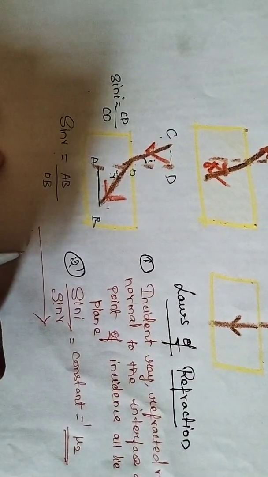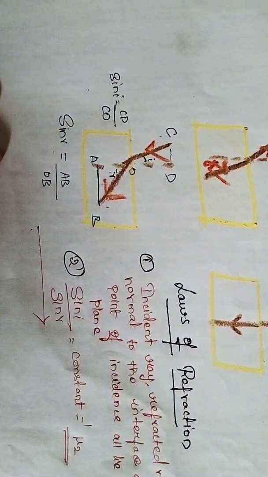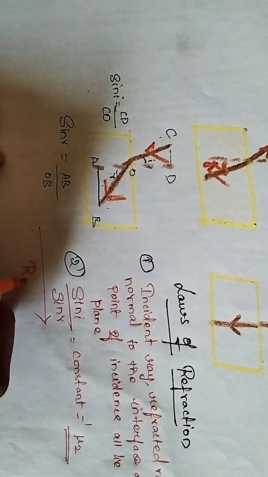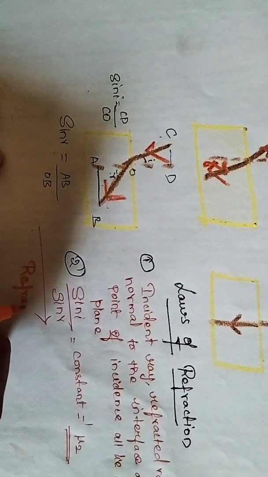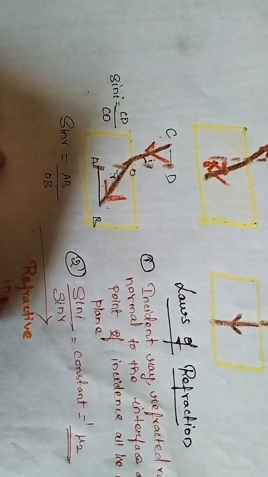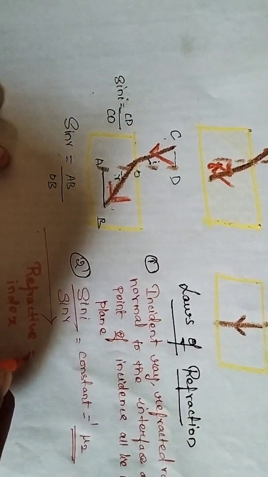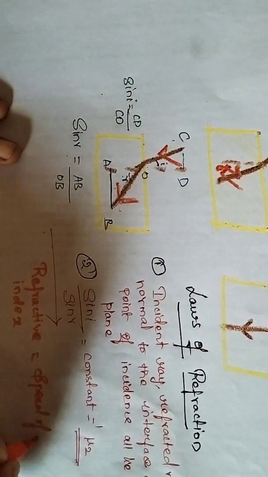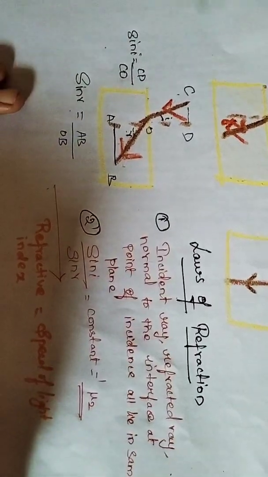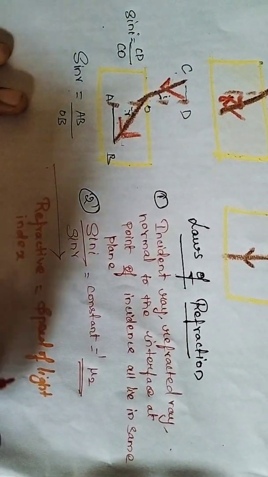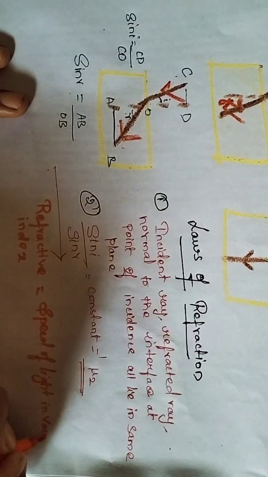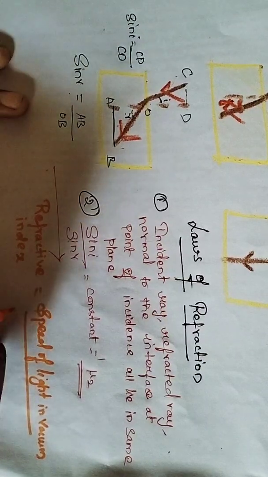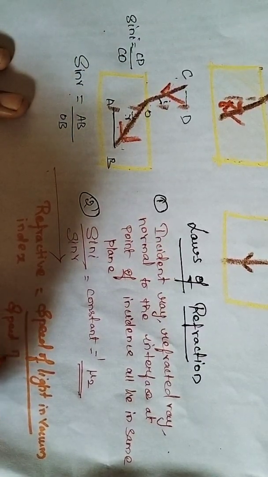So refractive index, I will write here. How can you define it? Refractive index can be explained as speed of light in vacuum by speed of light in medium.